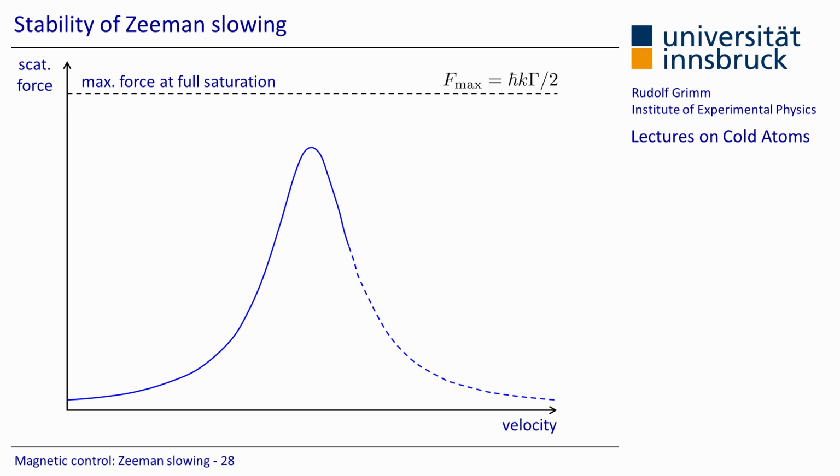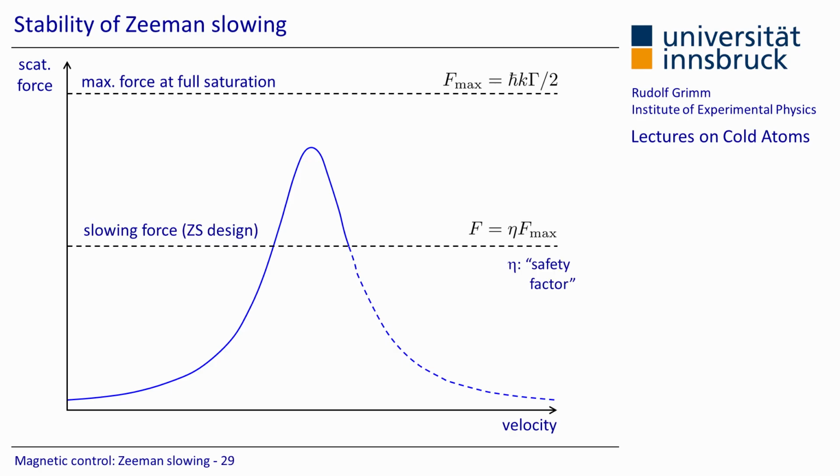Okay, but now we consider a slowing force which is, according to the Zeeman slower design, half of the maximum force. So we introduce eta equals 0.5 in this case as the safety factor. And then we see that we have a certain point here where we have a force equilibrium, so the scattering force is large enough to provide the necessary deceleration.